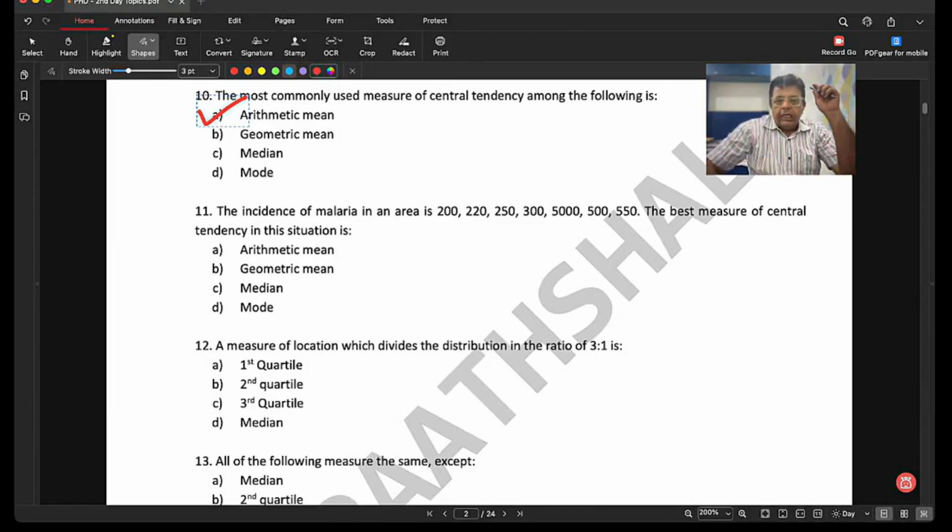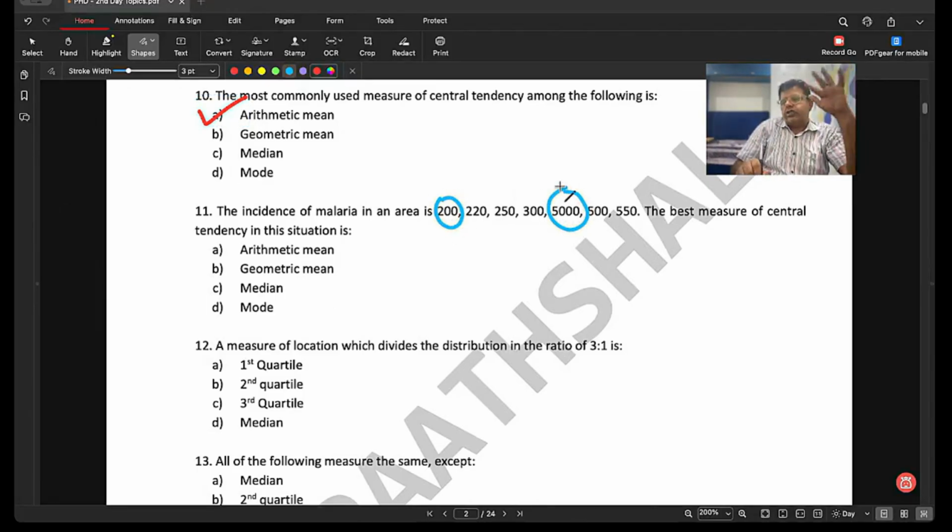The incidence of malaria in an area is 200, 250, 500, 5,000. Look, you don't have to calculate. There is a reason behind why this question is asked, very simply, because now there is an extreme lower value and an extreme higher value.